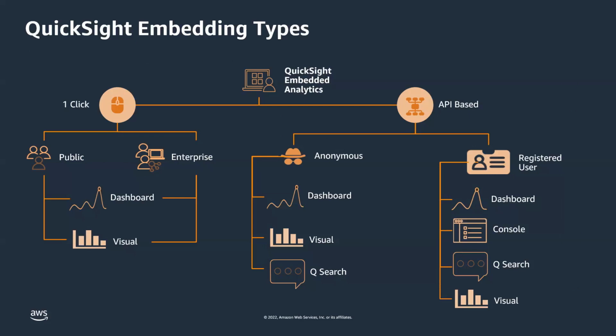You can embed dashboards for QuickSight managed users in the enterprise, and for public, you can open it up to everybody, right? So that's a low-code, no-code option. With the API-based embedding, if you don't want to manage users, you can use anonymous embedding. If the requirement is to provide dashboards, allow ad hoc questions using natural language, or allow authoring dashboards in the applications to get the console experience, then you can use embedding for registered users.